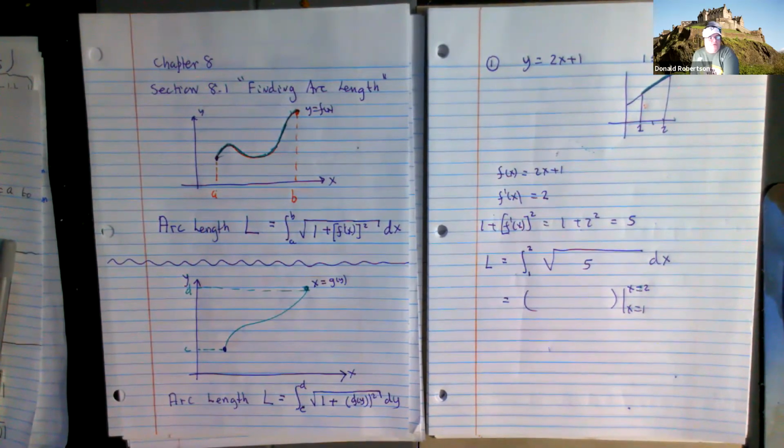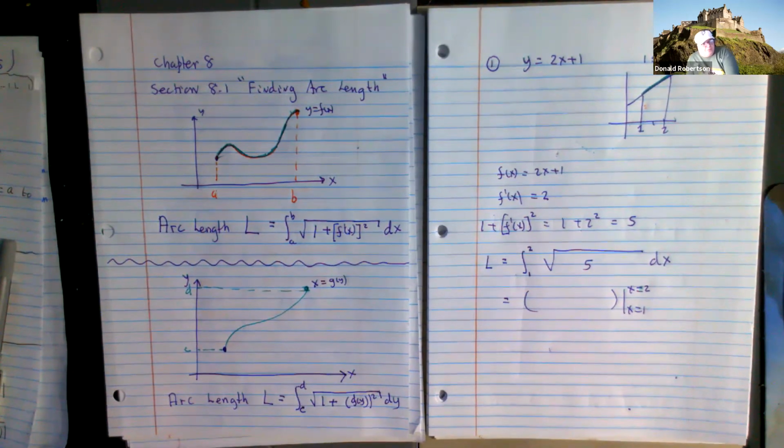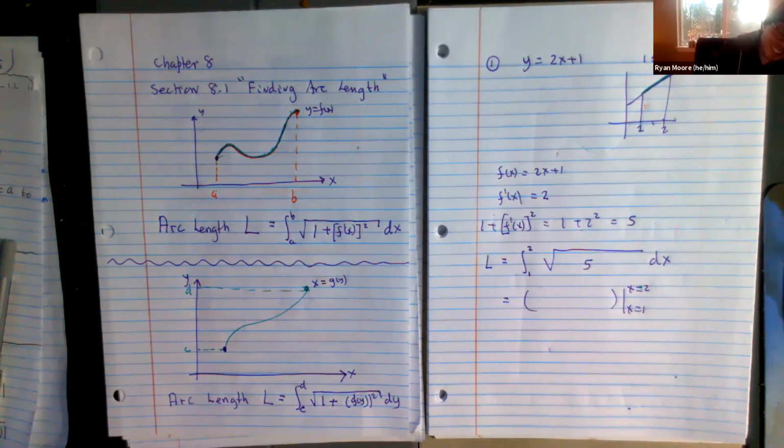Well, if it was 2, the answer would be 2x. If it was a half, the answer would be a half x. It's the square root of 5. The square root of 5x.